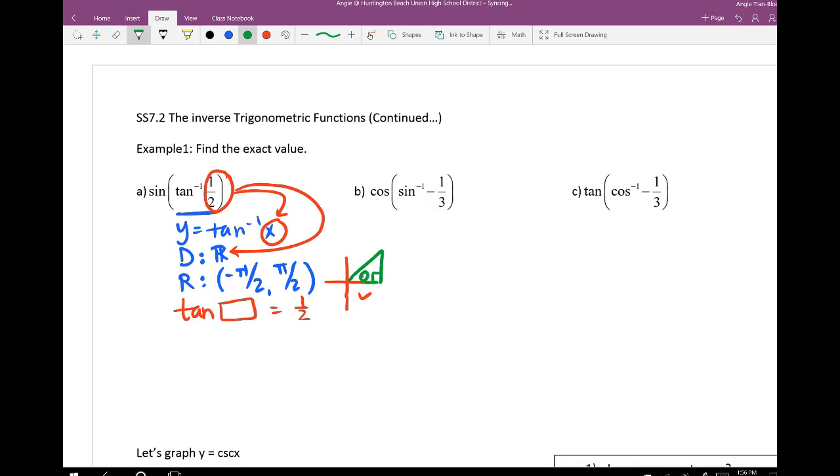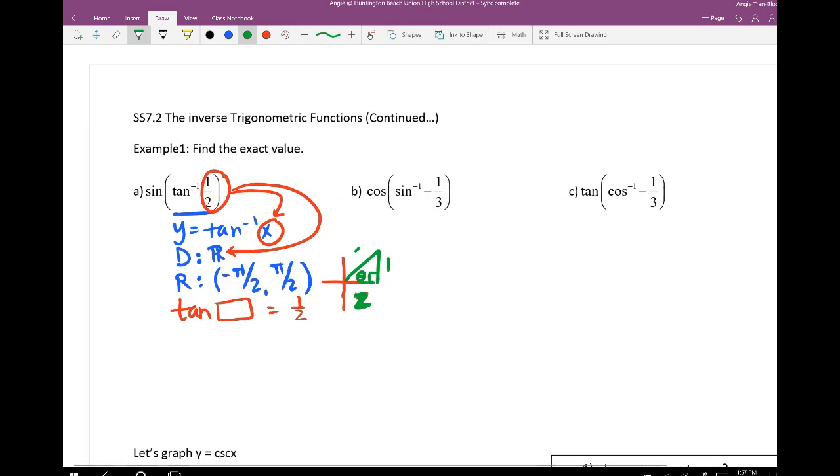Positive 1. I don't know what the answer is. Whatever theta is, I know opposite is 1, hypotenuse is 2, okay? Well, this doesn't look like an angle that you know from your unit circle. You know something when the hypotenuse was 2, but not the adjacent leg, okay?